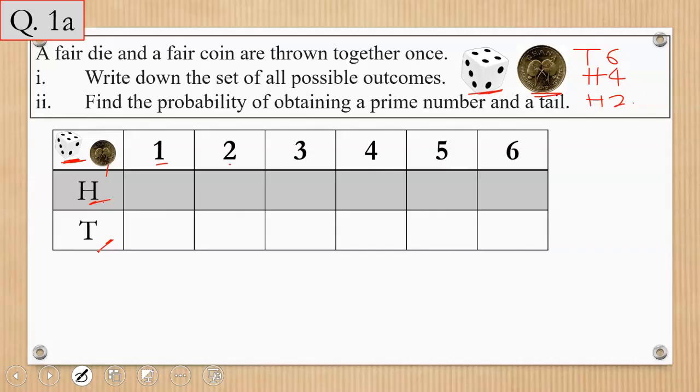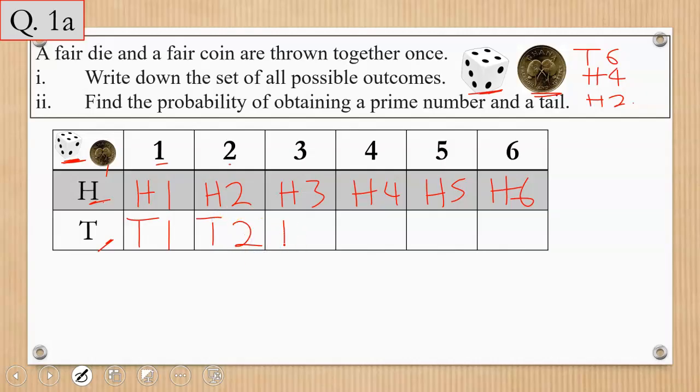And so if we are to write down the set of all possible outcomes, we are looking at the fact that when we throw them together once, we can have head appearing on the coin and 1 appearing on the die, head appearing on the coin and 2 appearing on the die, head and 3, and so on up to head and 6. Again, it could also be that the coin will come as tail when the die is 1 or 2, and it goes on and on.